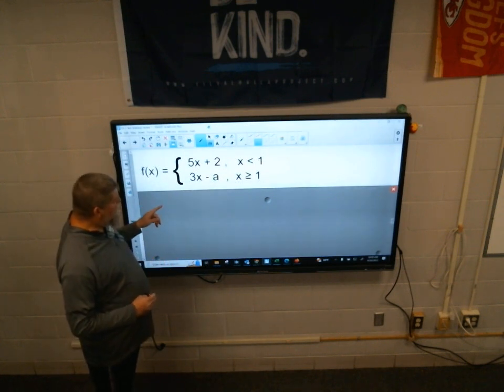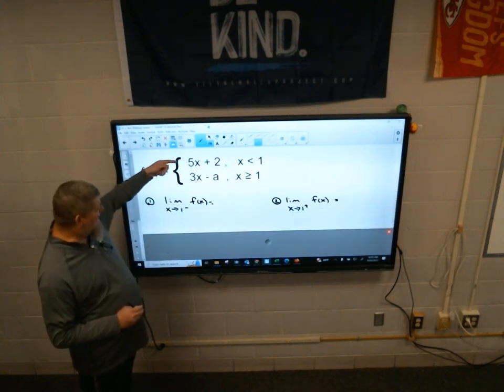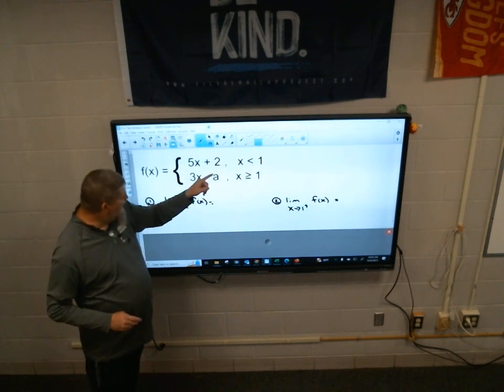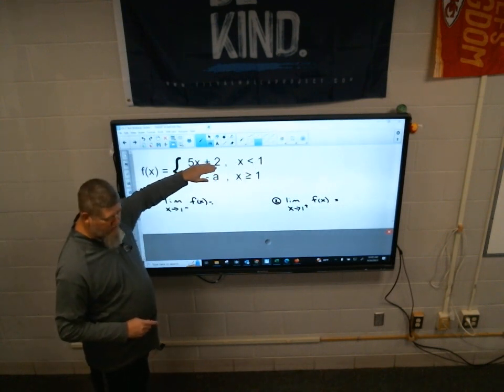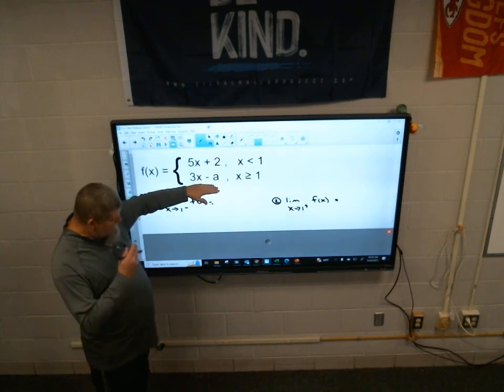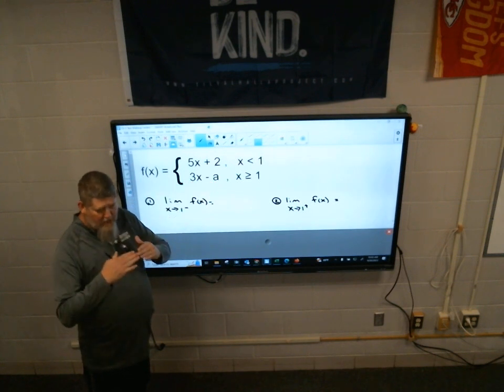Okay, so if we look at 5x plus 2, and we simply find the limit from the negative side. Okay? What's the limit as x approaches 1? Because linear is going to be continuous, right? 3x minus a is a linear function, so it's going to be continuous. So they simply have to match up.